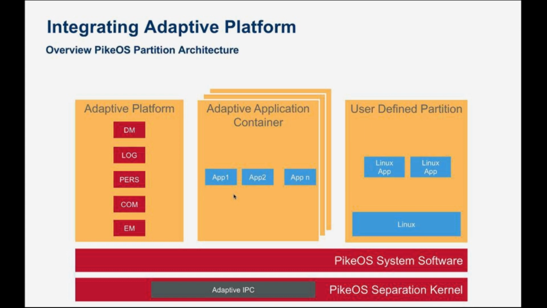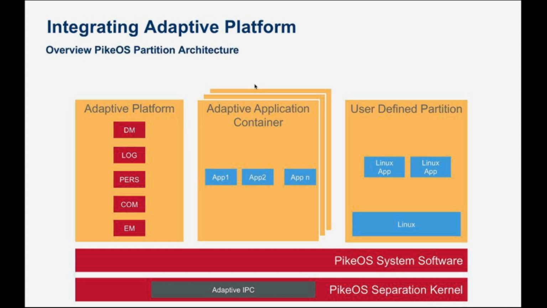So how does this look if we put both of them together? Remember the architecture slide, we had the AUTOSAR Adaptive Services, the AUTOSAR platform, which would then be located in one partition that is separate from all the others. We had the requirement that we want to run all the Adaptive AUTOSAR applications in their separate address spaces. So essentially every application gets their own PikeOS partition, so it's separated from each other.